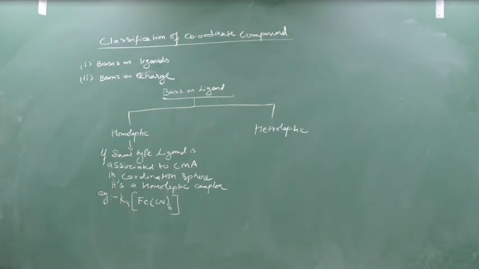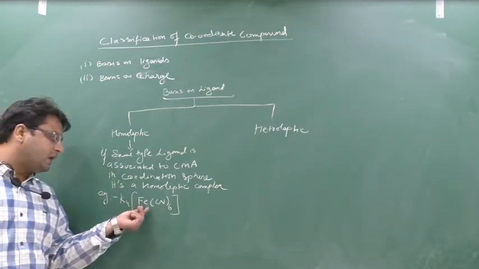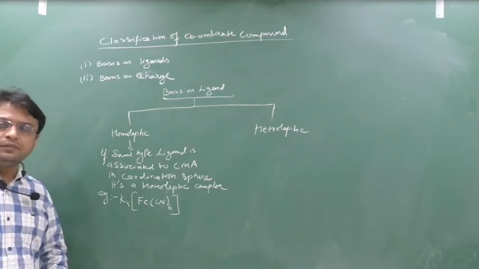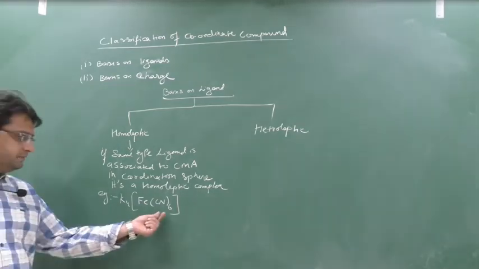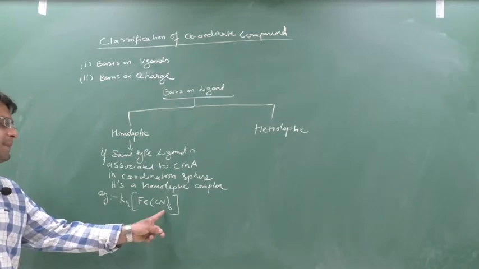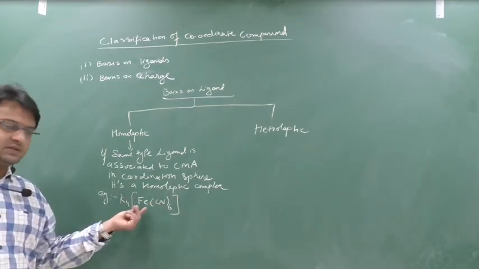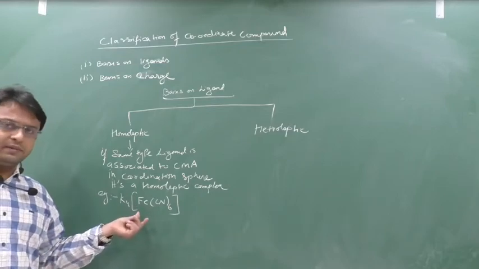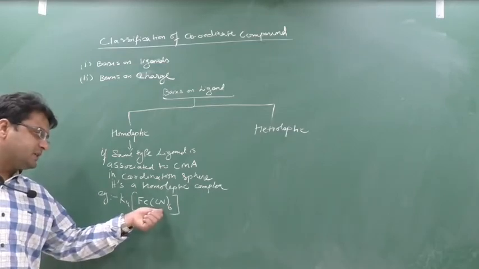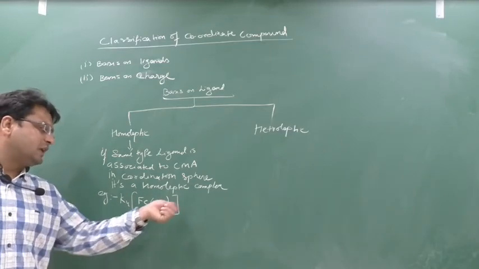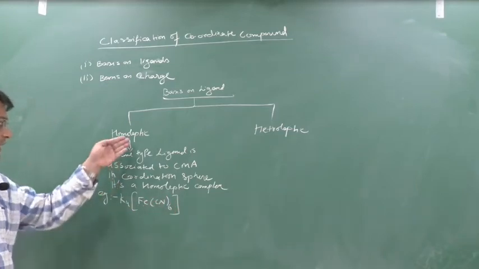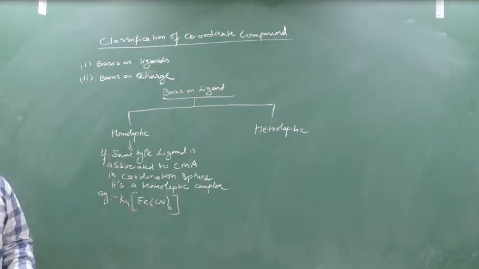In this coordination sphere, the central metal atom is iron and the ligand is cyanide. If you see, the same type of ligand is there. There is no other ligand here, only the same type. So I can say this is an example of homoleptic.